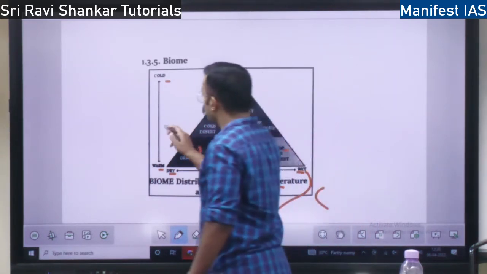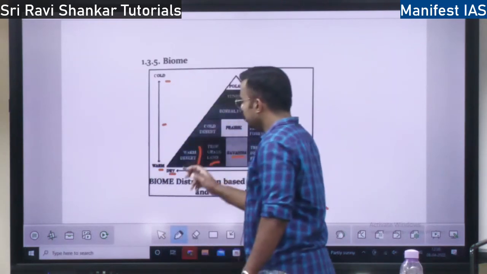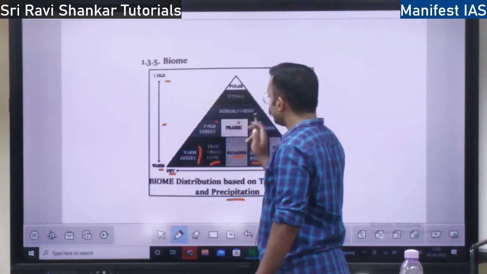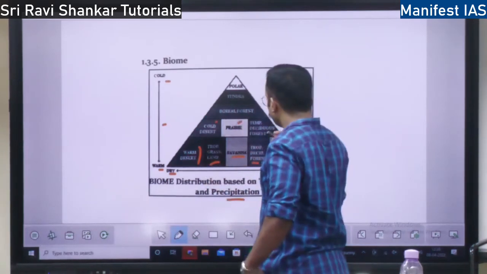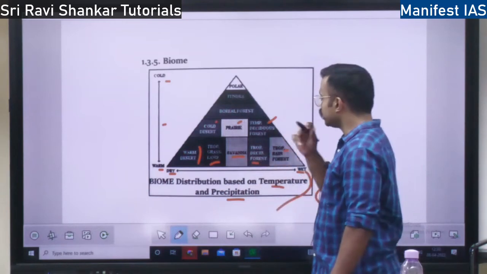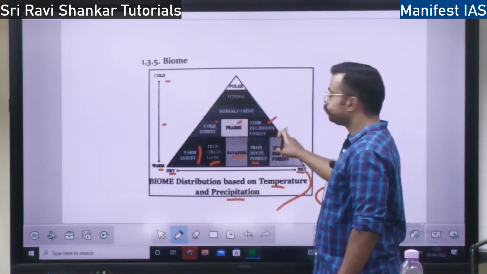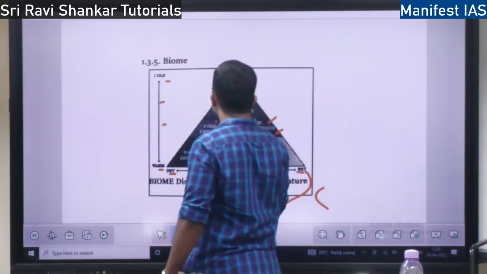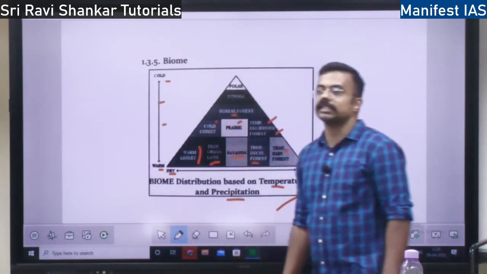Higher level, a little more colder. So you will find a drier region, you will find cold desert. Then you have prairies, grasslands. Then you have temperate deciduous forest. Temperate deciduous forest is the third level, right? Next you have a little more coldness, you find boreal forest.